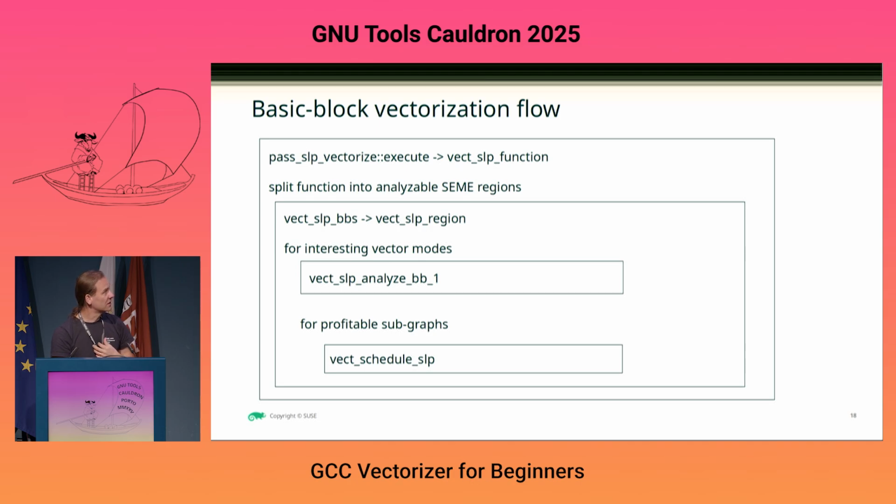On x86, there is this kind of iteration, but it will stop at the first mode where there is any kind of success. So it will never compare costs between SSE vectorization and AVX, for example, because it starts from the widest mode and goes to lower ones, and the widest is always going to be better than the lower. That's the theory, at least. For example, on ARM, they're really doing a lot of work to compare the different things, with some success, obviously.